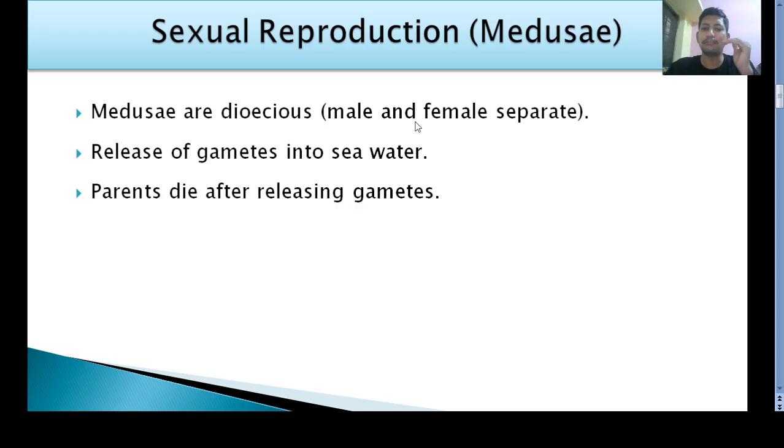The male medusa produces the sperms, the female medusa produces the eggs, and these male and female gametes are released into the sea water. The unique feature is that after releasing the gametes, both male and female medusa die immediately. So the parent medusa die immediately after releasing the gametes.